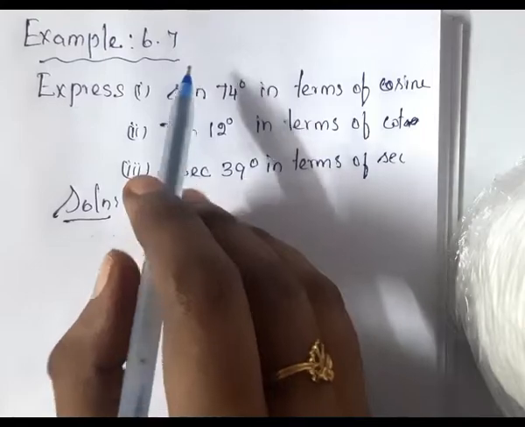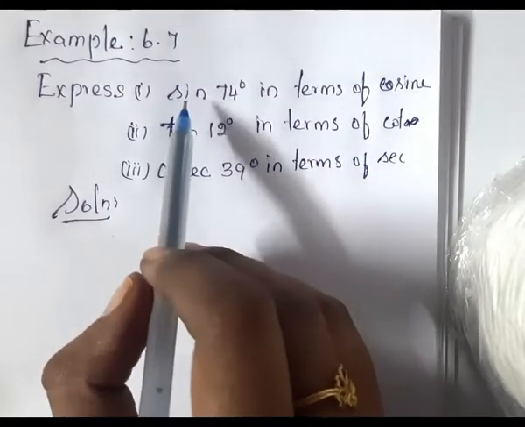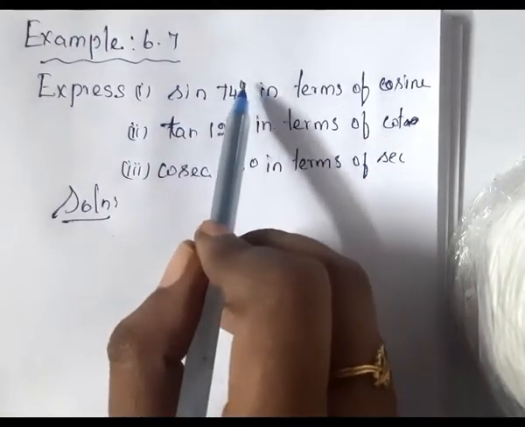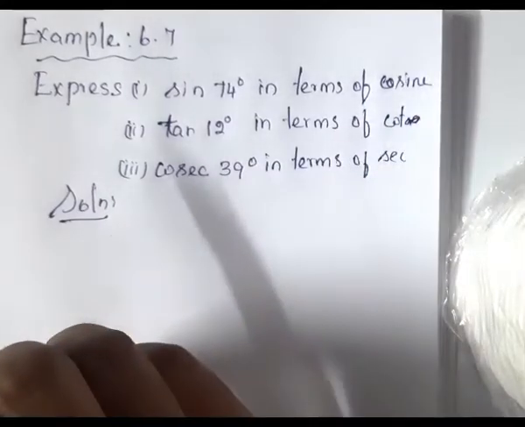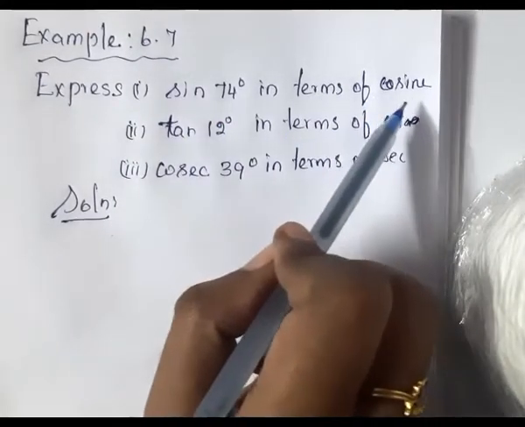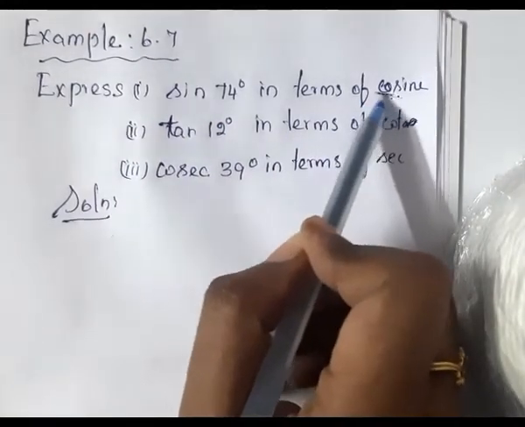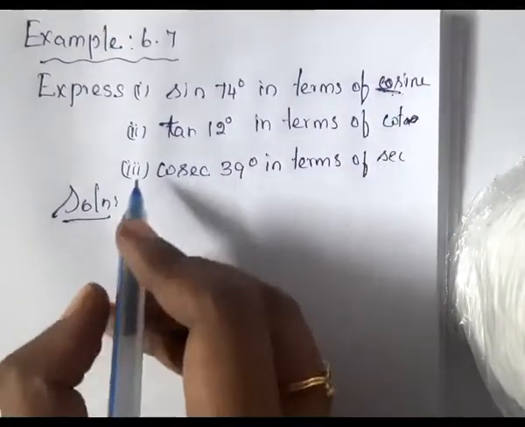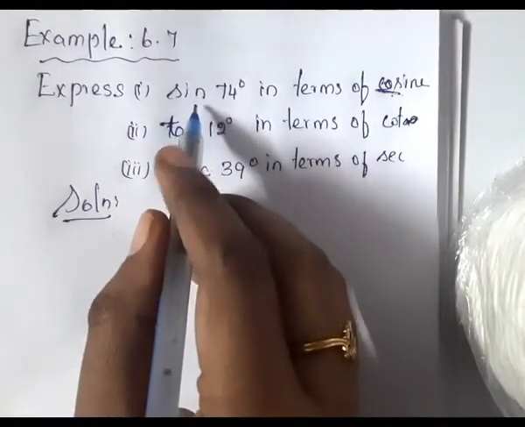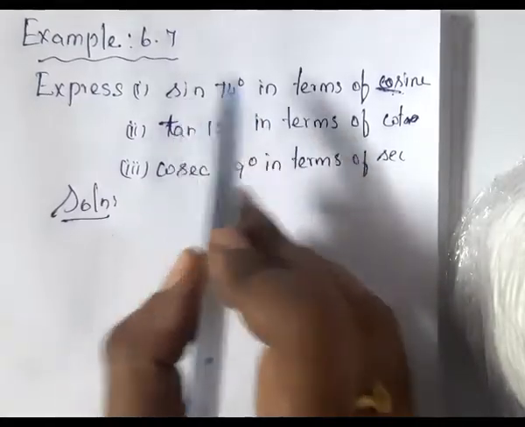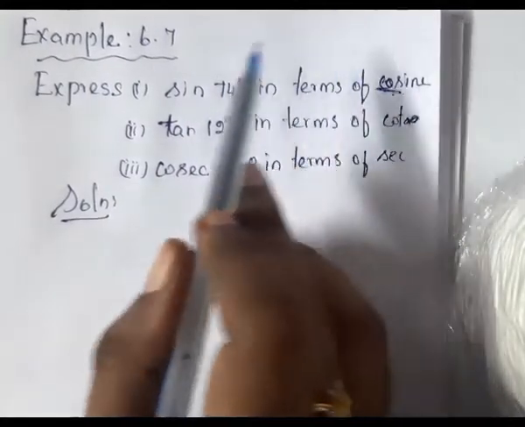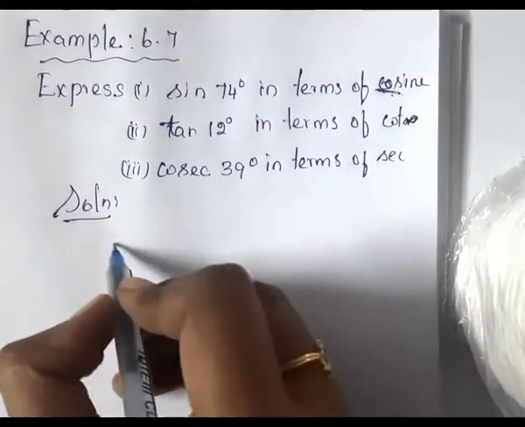Example 6.7, express first one sin 74 degrees in terms of cosine. Cosine means cos theta. Okay, sin 74 degrees. You know, sin and cos are related if we use the complementary angles.